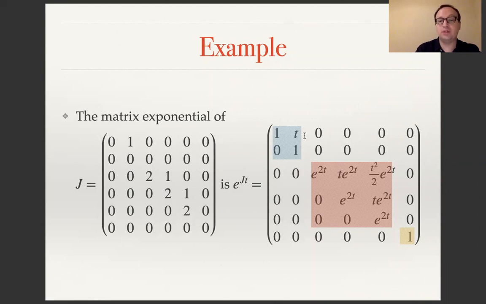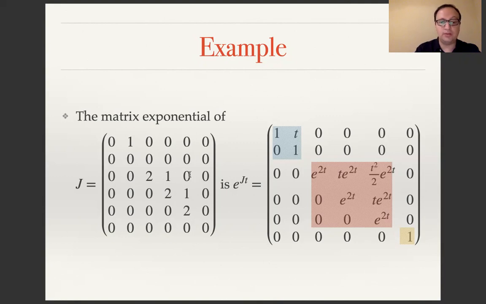And t e to the lambda t is t, because lambda is 0, so e to the lambda t is 1. So this is the exponential of the upper left corner 2 by 2 block.